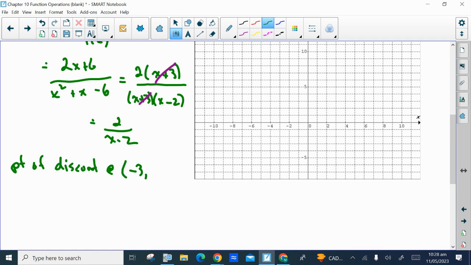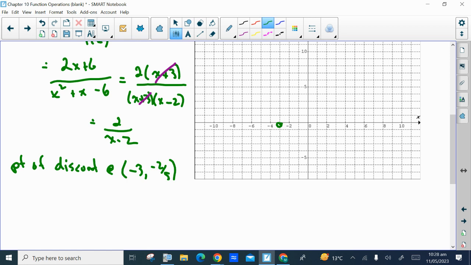But because that factor canceled, it means that there's a point of discontinuity at x equals negative 3. And then to find out what the y value is, we'll let x equal negative 3 in the simplified expression, which will give us 2 over negative 3 take away 2, or 2 over negative 5. So we're going to have a point of discontinuity at negative 3 comma negative 2/5.